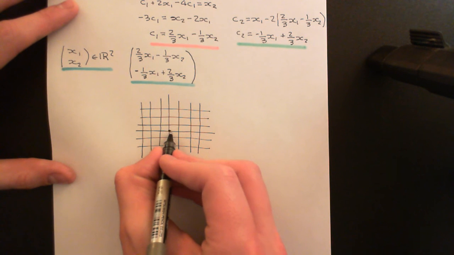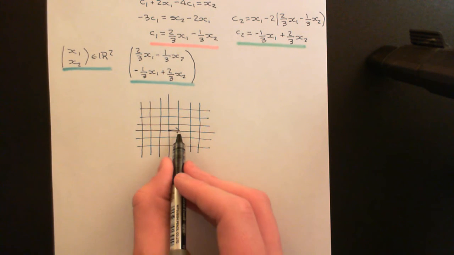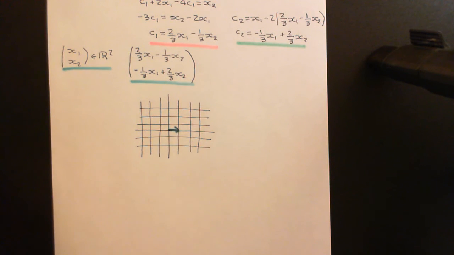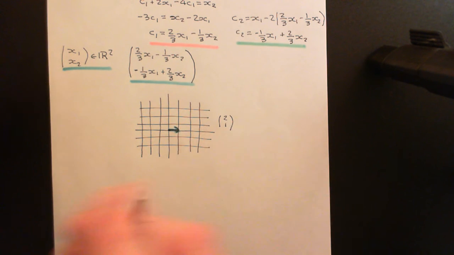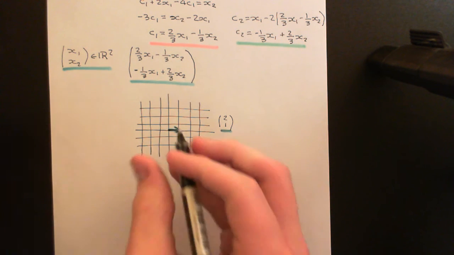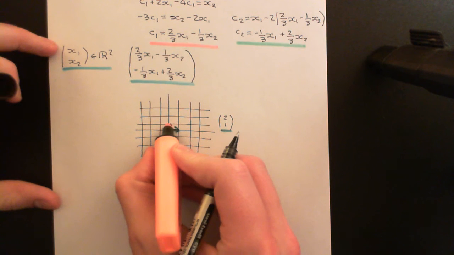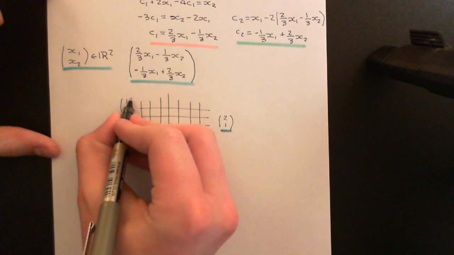So here's the origin, and now I'm going to associate this point here and this position vector to that point. So the one in turquoise here, I'm going to associate that with the vector 2, 1 from my vector space R2. Okay, and I'm going to associate this other point's position vector here, the orthogonal one, in orange here, with the vector 1, 2.